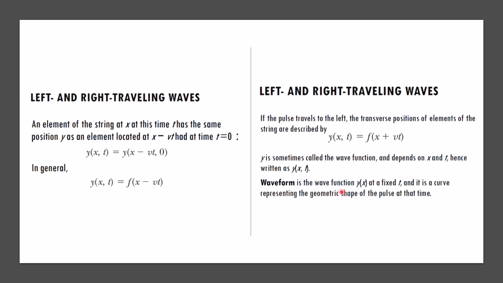The waveform is the wave function y as a function of x at a fixed t, and it is a curve representing the geometric shape of the pulse at that time.